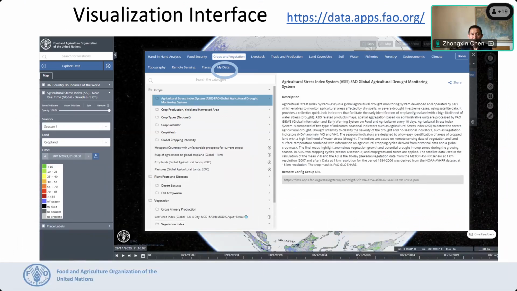This platform is open to everybody. You don't need a registration. There's a link you can play with there, and you're welcome to give us feedback. If you need some data, you're free to download, and if you need some new data, please tell us. Maybe we can generate it if you agree to our regulation.